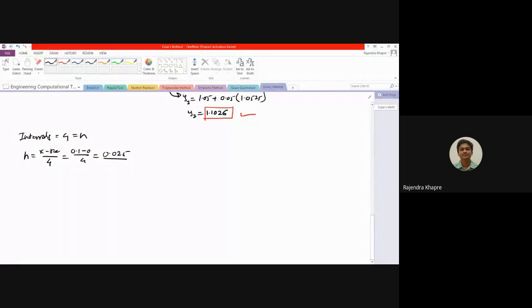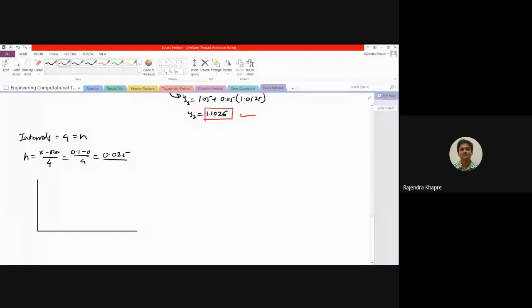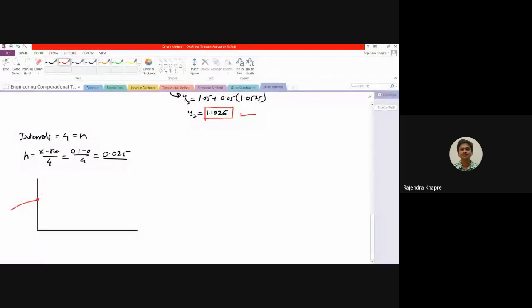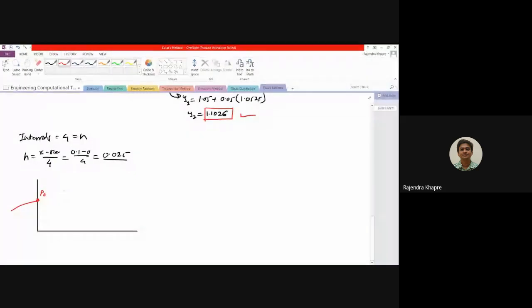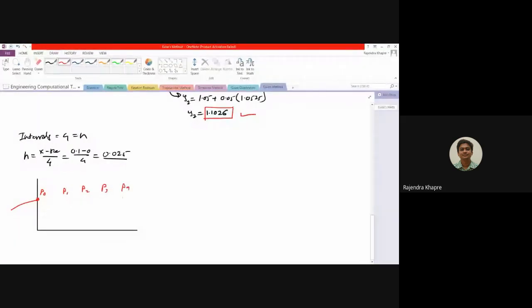So now basically, in place of going from 0 to 0.1, we are going in four intervals. Here you will have P0, then P1, then P2, then P3, and then P4, for which the x value will now be 0.1.